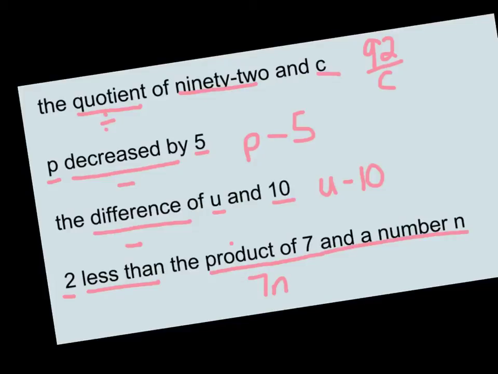Now the last part says that I'm going to do 2 less than that. So less than means subtraction, but it says 2 less than all that other stuff. So I'm going to take away the 2 from that product that I already found. So I have 7n minus 2. Less than is that key word that pretty much tells you I have to switch the order of the 2 parts of the problem.